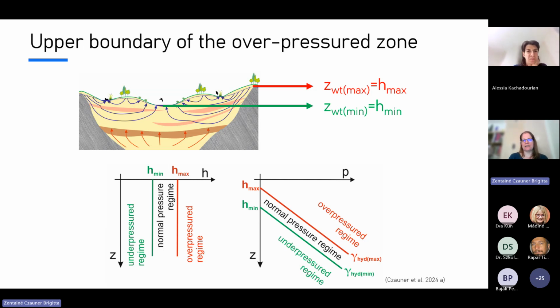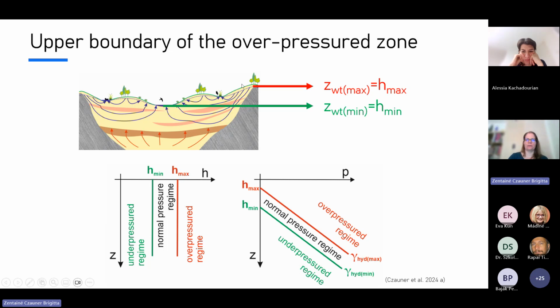Starting from this fact, we said that if we check the measured hydraulic data, hydraulic heads or pressures in a basin, then within the topography-driven groundwater flow systems, so in the normal pressure regime, the maximum and minimum hydraulic values can be defined as the maximum and minimum water table elevation in the given basin.